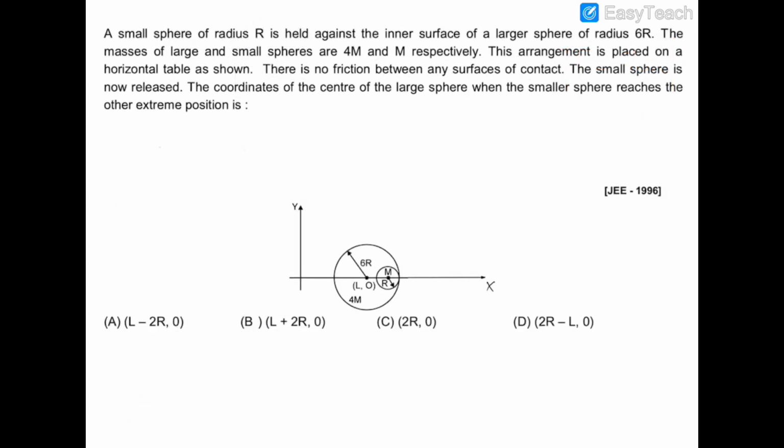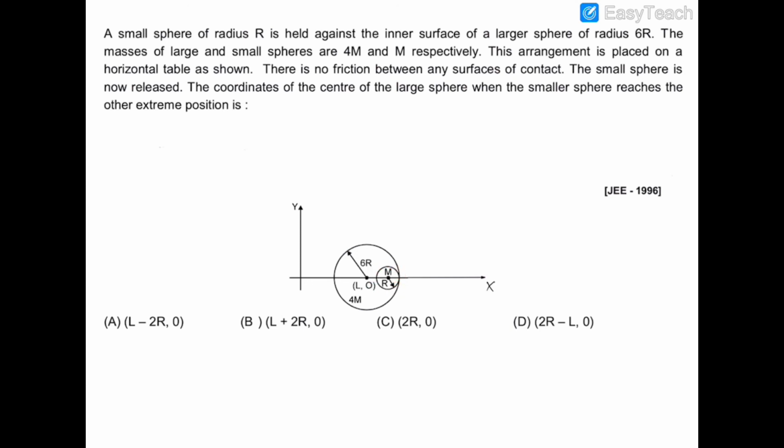In this question, you can see that there is a bigger sphere, this one, whose radius is 6r and whose mass is 4m. The coordinates of the center of this bigger sphere is L, 0. Now there is a small sphere which is kept inside this bigger sphere in such a way that this small sphere is touching this bigger sphere at this point.